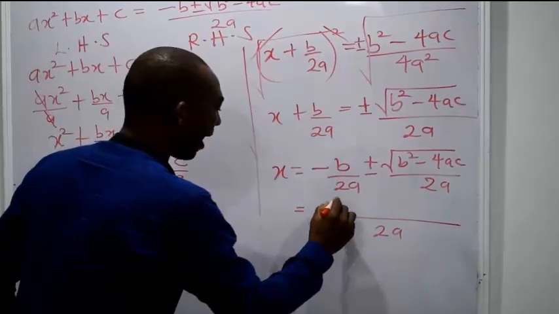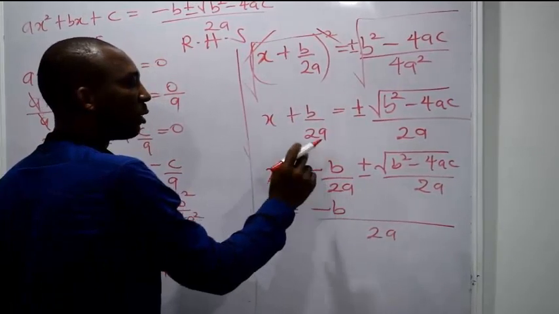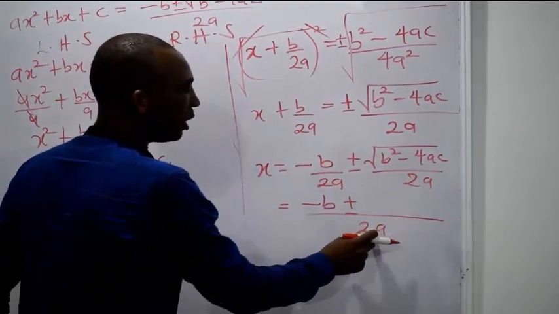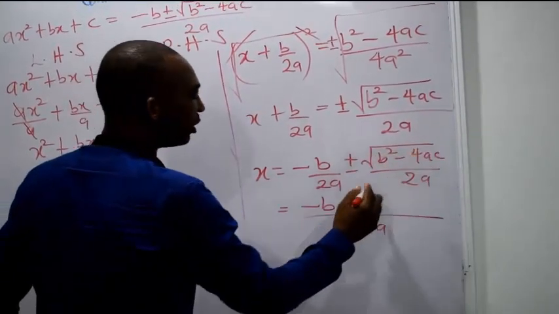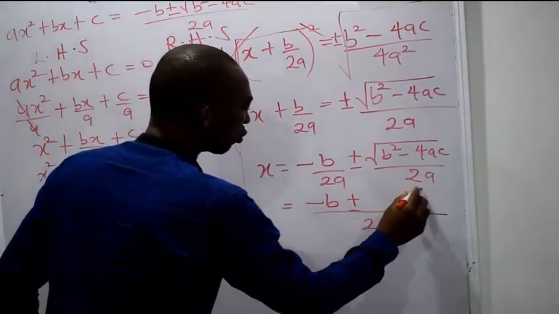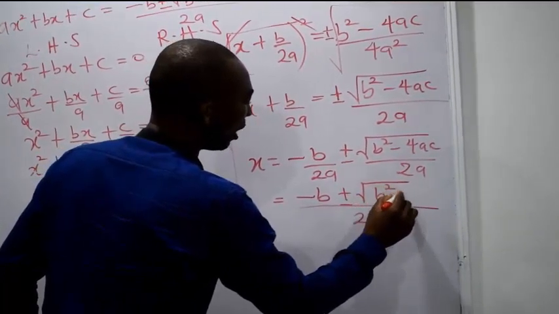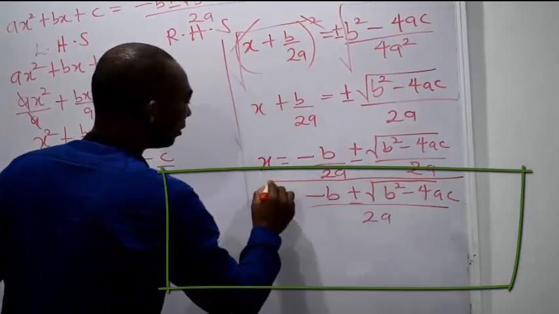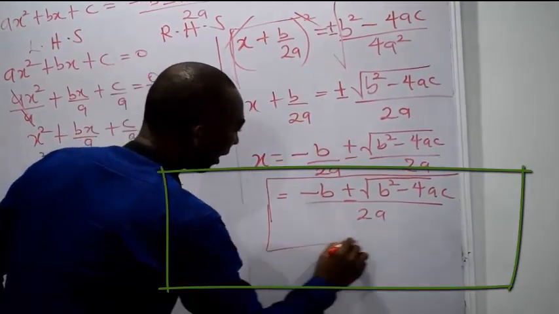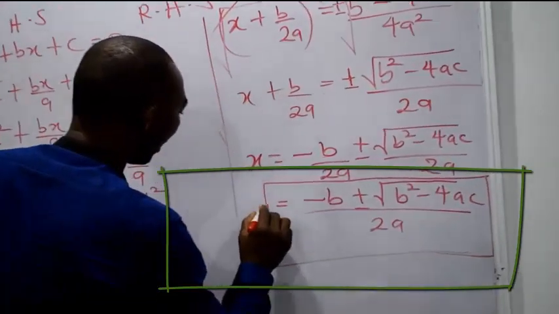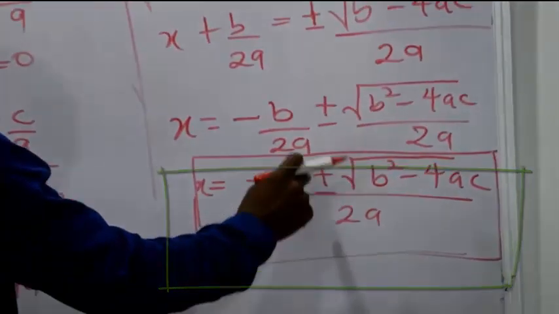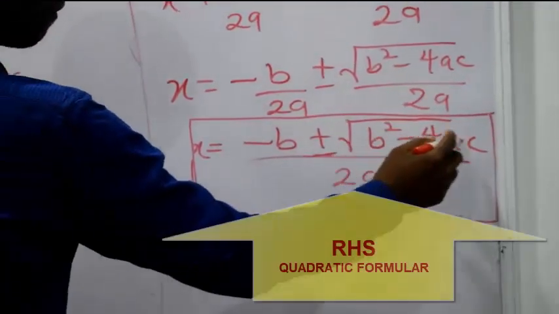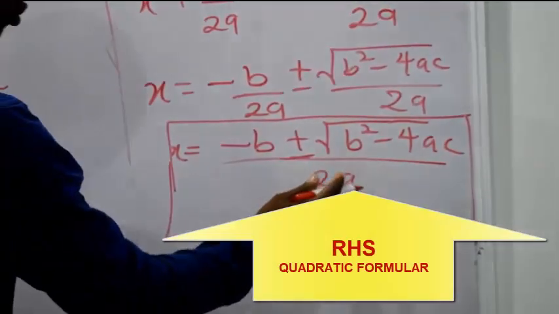That is 1, multiplied by minus b, plus or minus, and 1 multiplied by the whole square root of b squared minus 4ac. This is now the quadratic formula. That is x is equal to minus b plus or minus square root of b squared minus 4ac, everything over 2a.